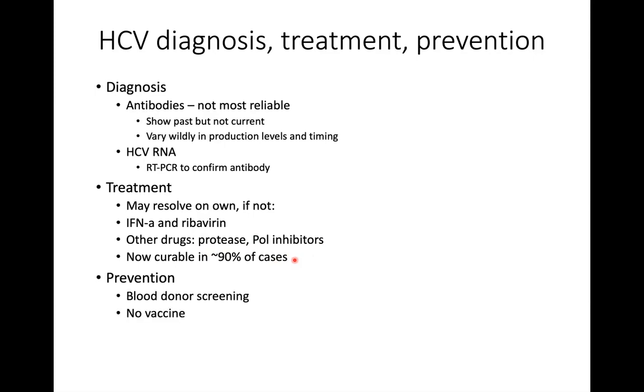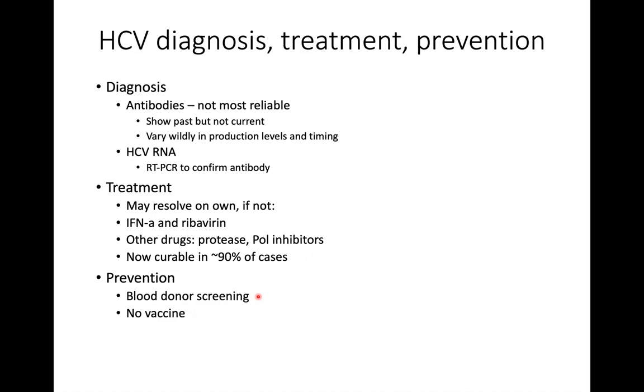There's not a vaccine against hepatitis C yet, so we can't prevent it easily through a vaccine. One of the best ways, again, comes to blood donor screening, right? So all of these hepatitis viruses historically got spread in transfusions. That does not happen anymore because we screen for them and we prevent them that way.